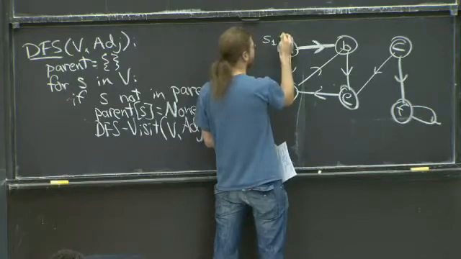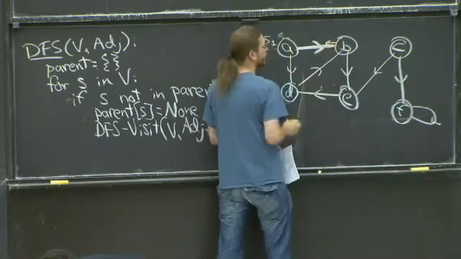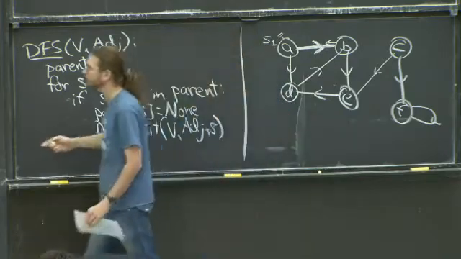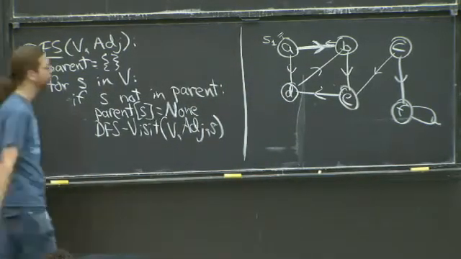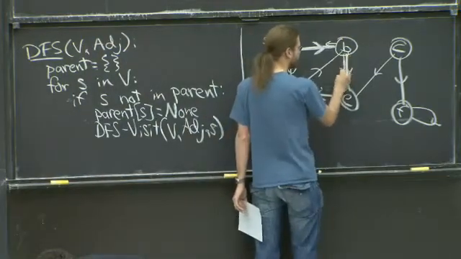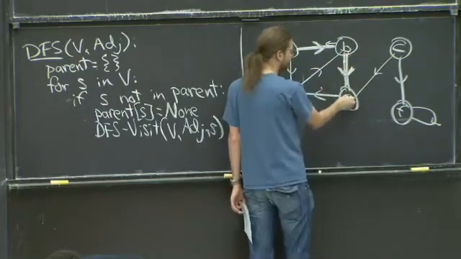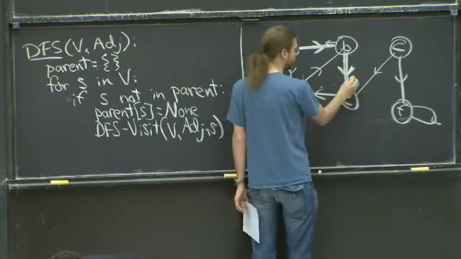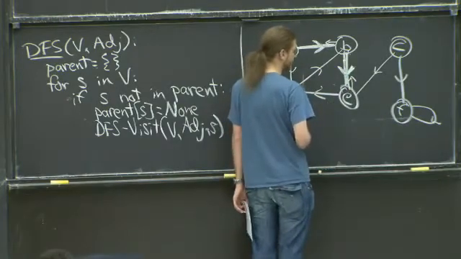So B, we're going to give a parent pointer of A. That's here. Then we recursively visit everything from B. So we look at all the outgoing edges from B. There's only one. So we visit this edge, from B to E. E has not been visited, so we set its parent pointer to B. And now we recursively visit E.